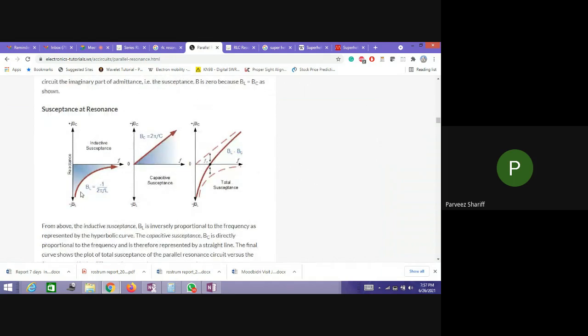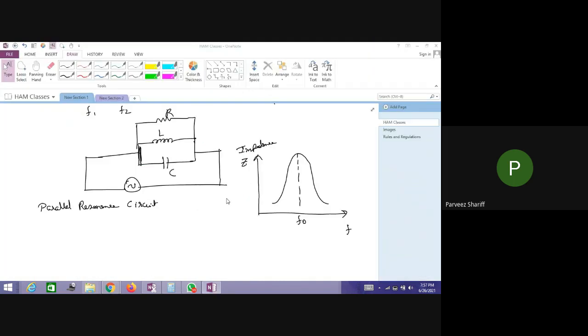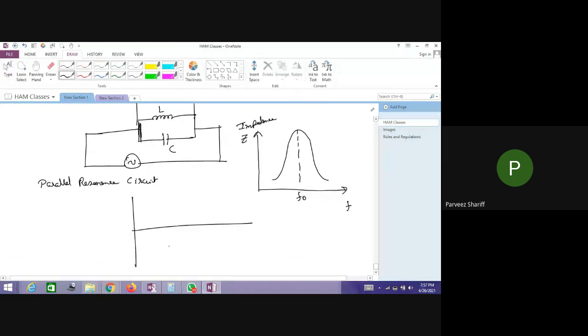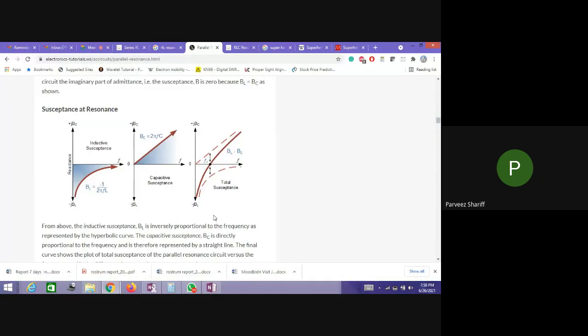Now this is the resonance point. So for this case, we will get a curve like this, and this is the point. So this is the total susceptance.